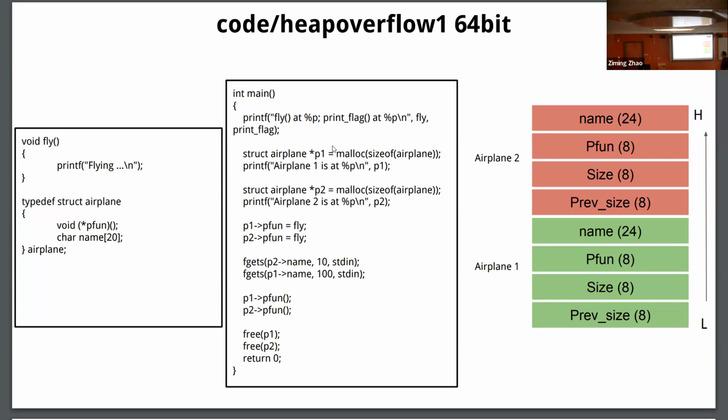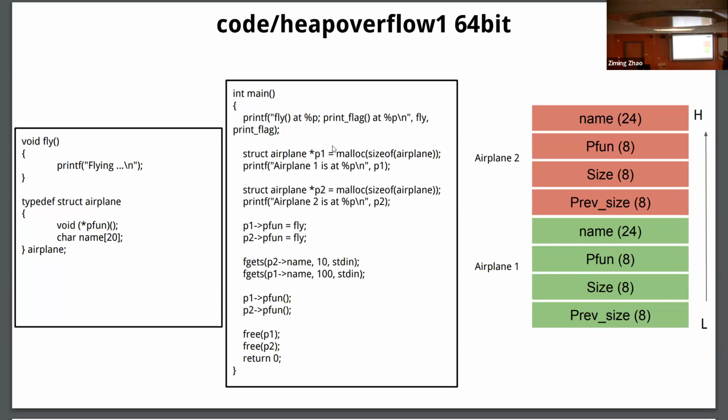But whatever, here the overwrite is 100 bytes. So we will be able to overwrite from this place, going over the whole thing of airplane 2, actually, right? So by overwriting this function pointer, later, when the P2 function pointer is called, we can ask it to call any function, right?